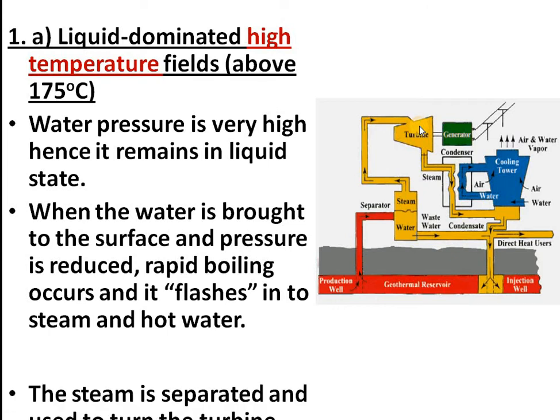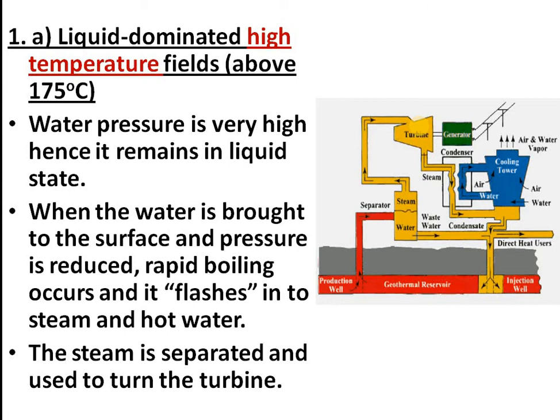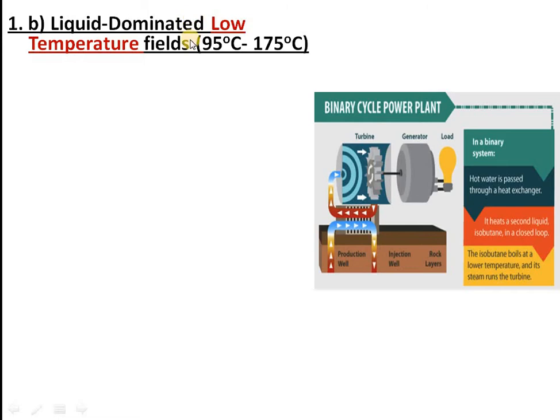Okay, that is the working principle of a high temperature field, a liquid dominated high temperature field. Here steam is separated and you can use it to spin the turbine.